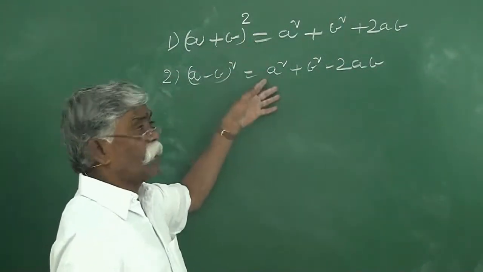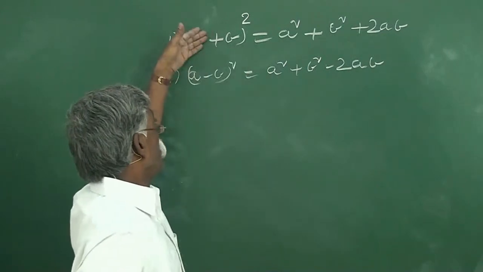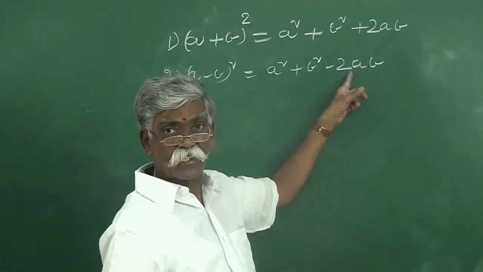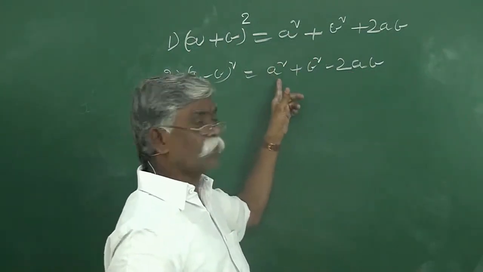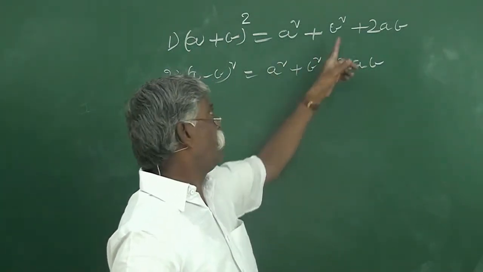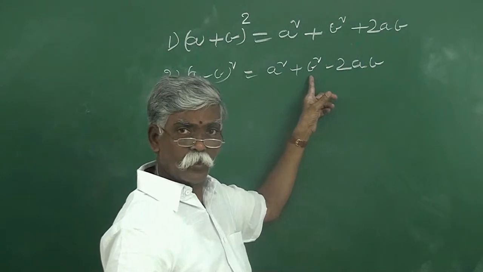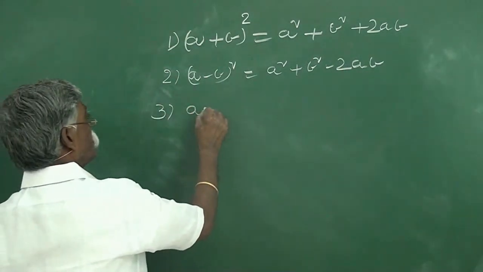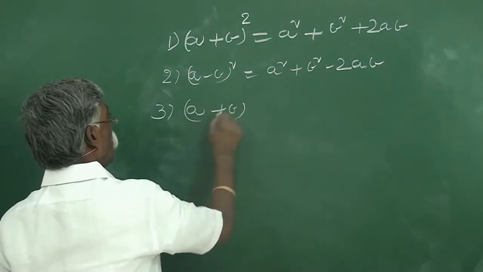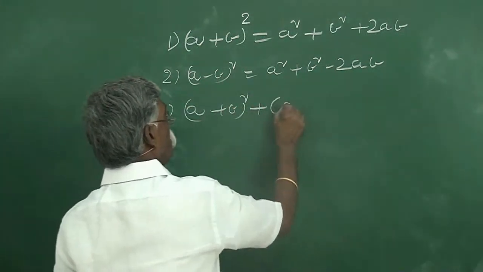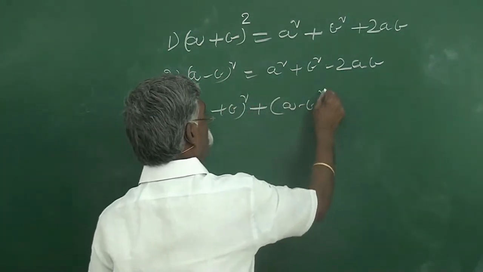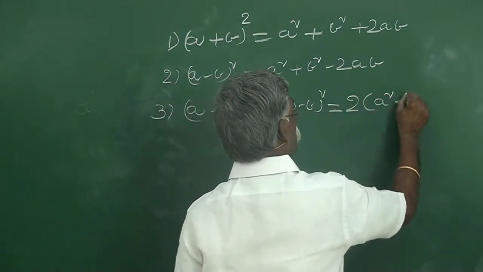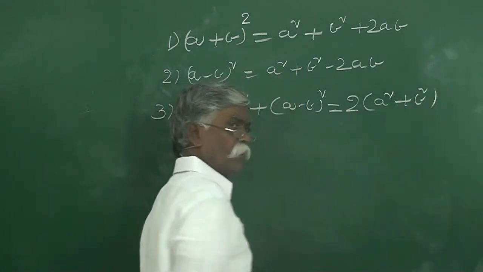If we add both these two, a plus b whole square plus a minus b whole square, then the 2ab terms get cancelled. A square plus a square becomes 2a square, b square plus b square 2b square. Therefore, the third one is a plus b whole square plus a minus b whole square is equal to 2 into a square plus b square.